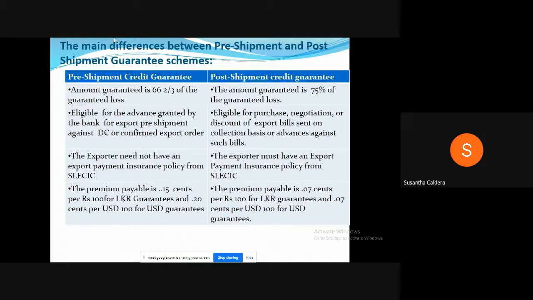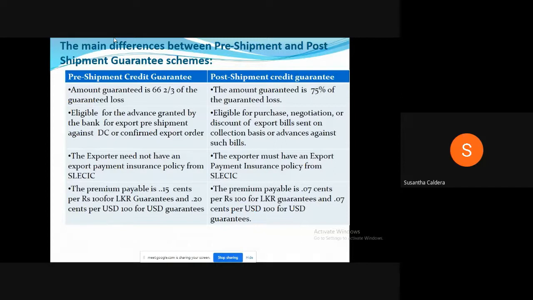Divided by 205, that is 4,878, say $5,000. To cover a $5,000 loss, we pay 1,500 rupees. 1,500 rupees is how many dollars? 1,500 divided by 205 is $7.3. If it is post-shipment, the exporter must have an export payment insurance policy from SLESIC.